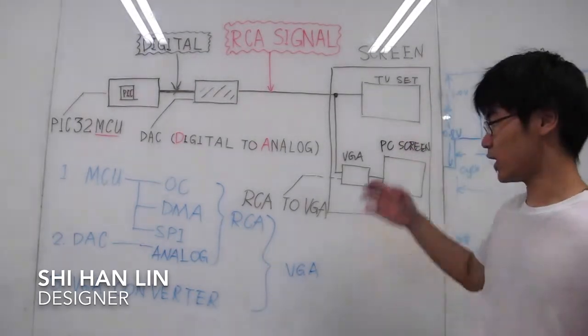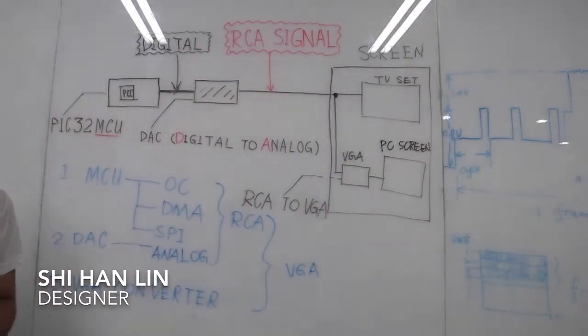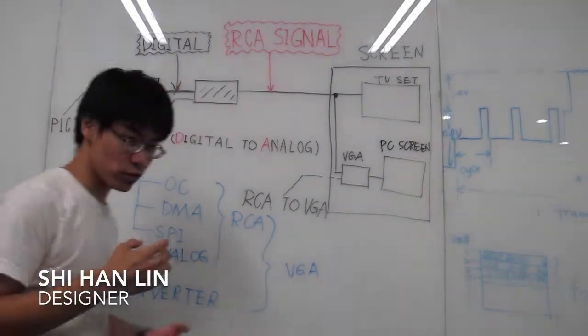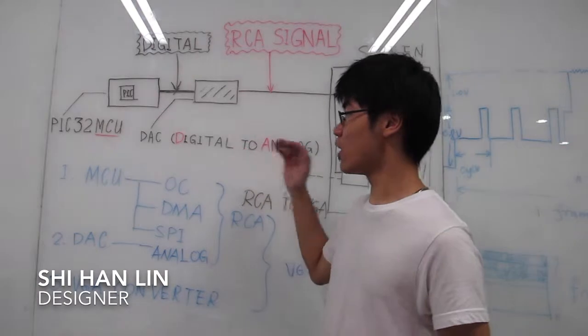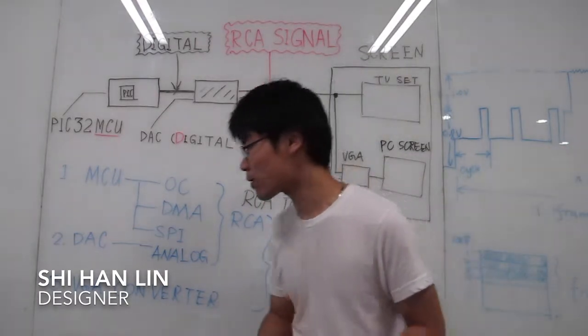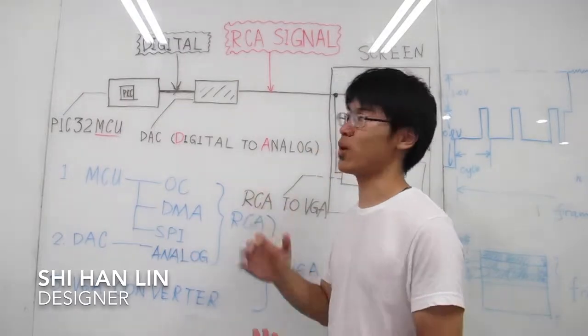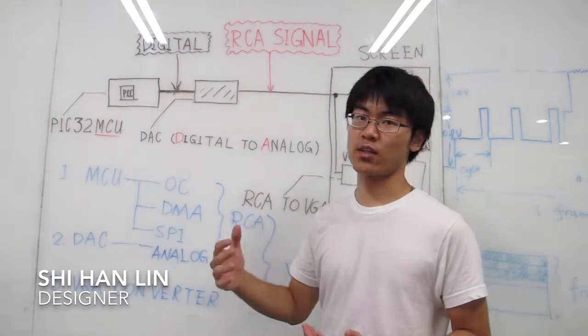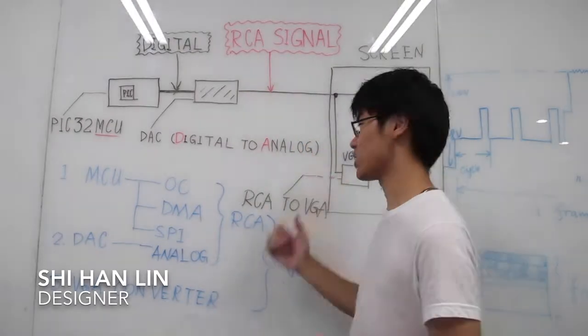And that's it. And here's some detailed stuff. The MCU, which is the microcontroller, will use some modules like auto compare. The auto compare will generate some carrier wave, which will carry the video information, and it will be displayed on the screen.